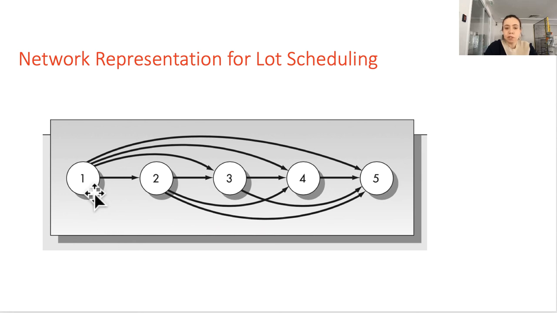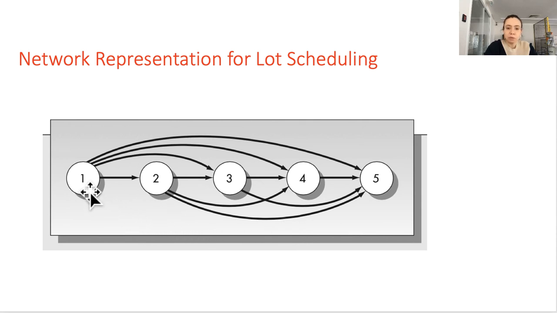We have 4 periods, we have nodes for each of these periods, and we have a dummy node. This shows the end of these periods, and our aim is to go from the first node to the 5th node. You see there are different paths on this network.